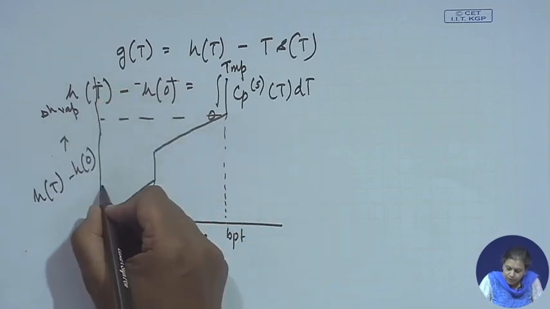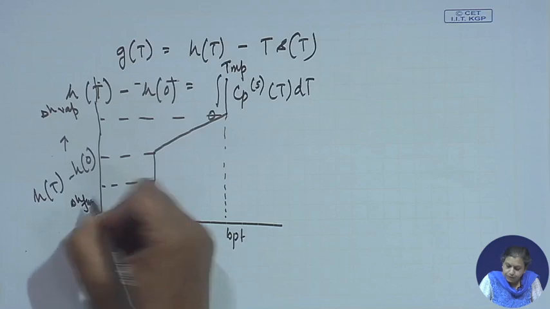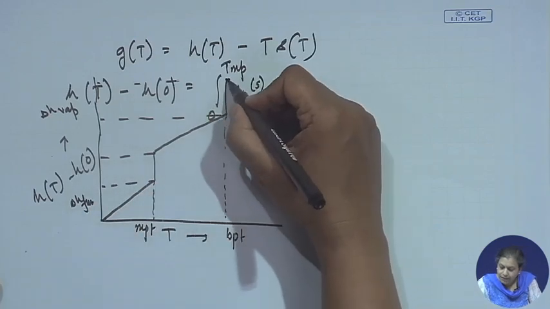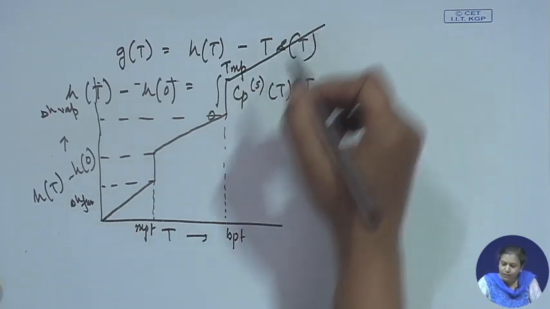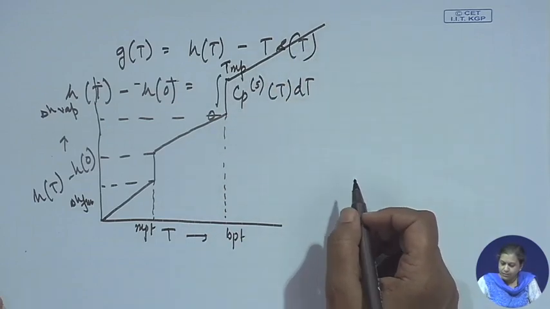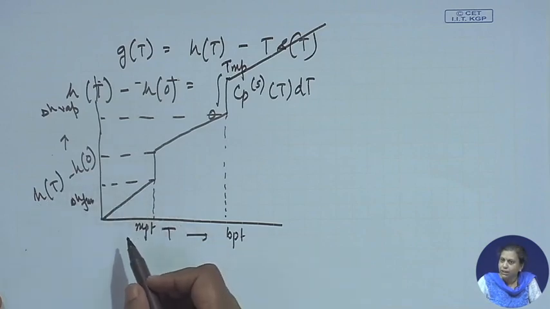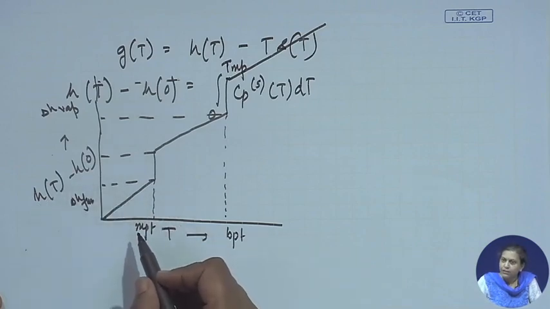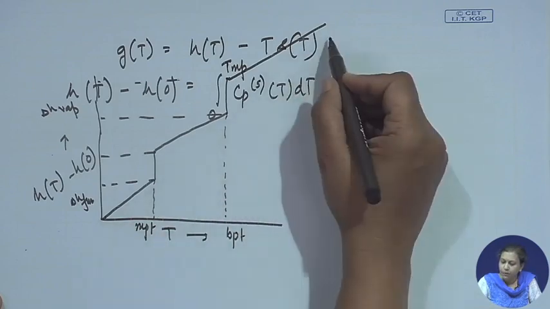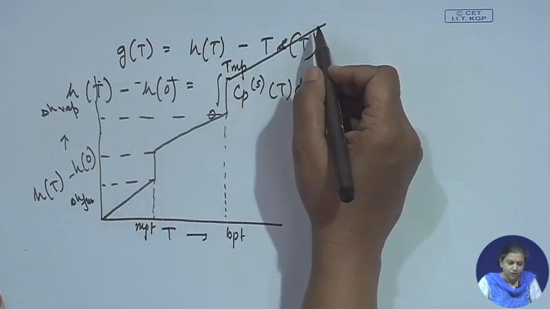And in this case this is the delta H fusion. Finally, the vapor phase is being heated. So if we plot H_T minus H_0, the enthalpy change of a pure substance when it is heated from 0 Kelvin to some higher temperature, the curve has something of this sort.